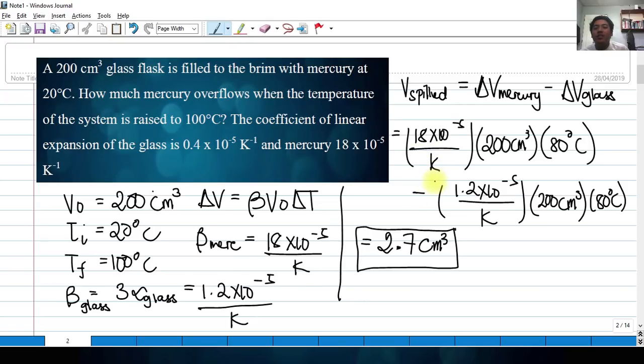So you need not convert this into Kelvin in order to get the correct answer. Because if you convert this into Kelvin, the answer would be the same. So there's no problem with that in terms of Celsius and Kelvin.